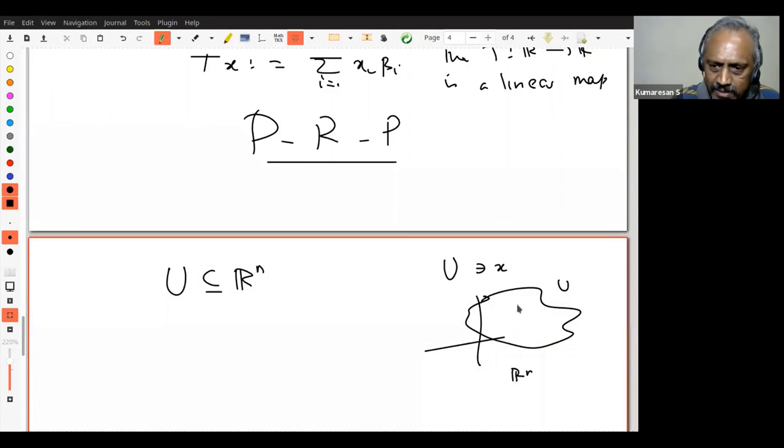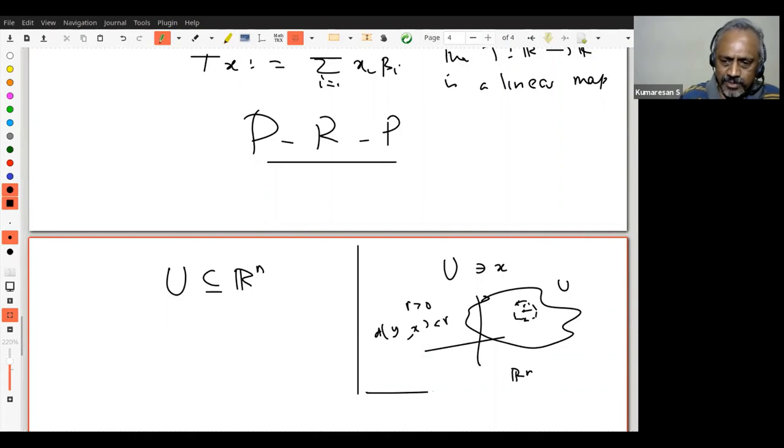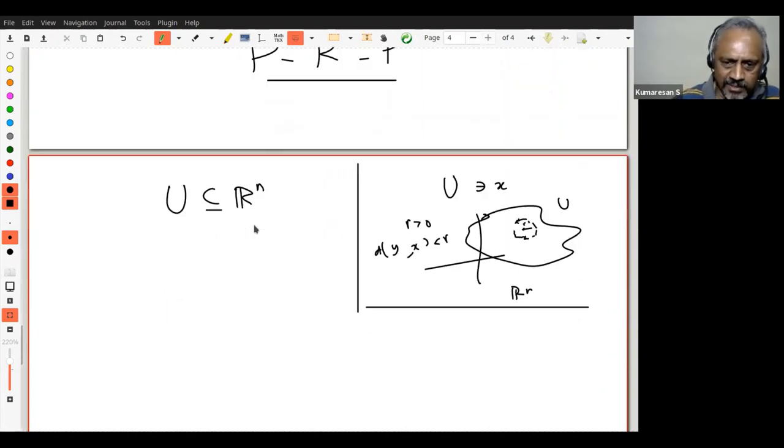Then what I want is that there is a positive r so that all points y whose distance from x is less than r, that is, all points y within distance r of x, should lie in U. Just ignore this if you don't want to think of such things, but I think final year students and 5th semester students should understand what I'm talking about. So I demand that my U satisfy this property. For every x, this should happen.